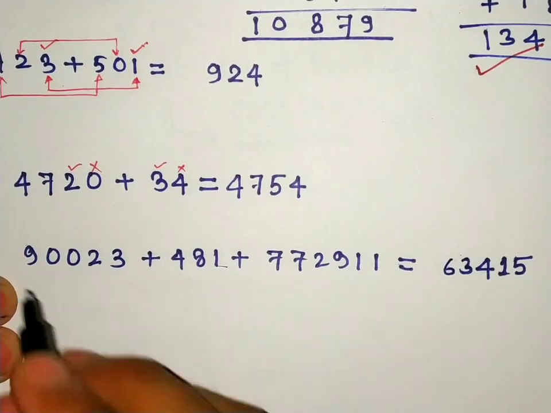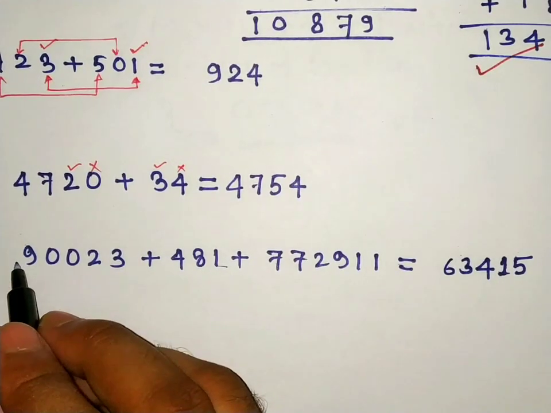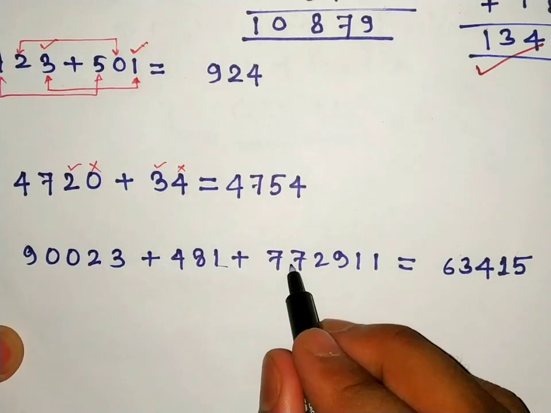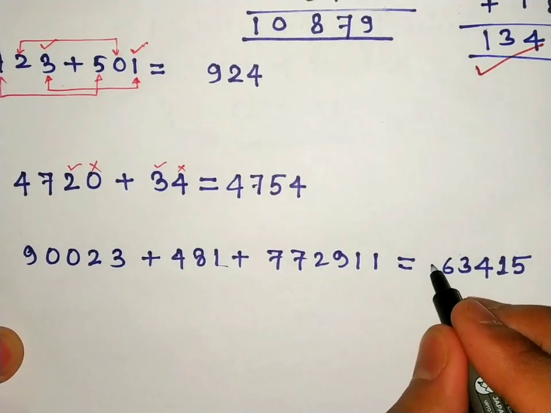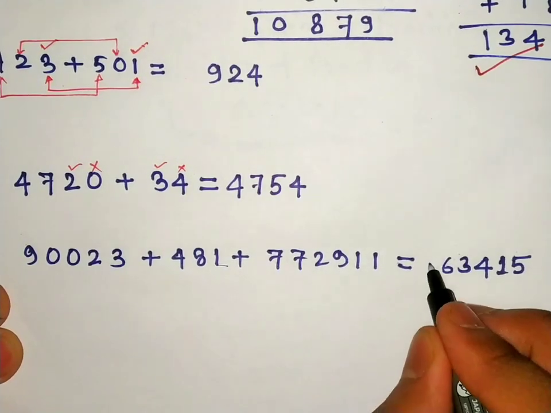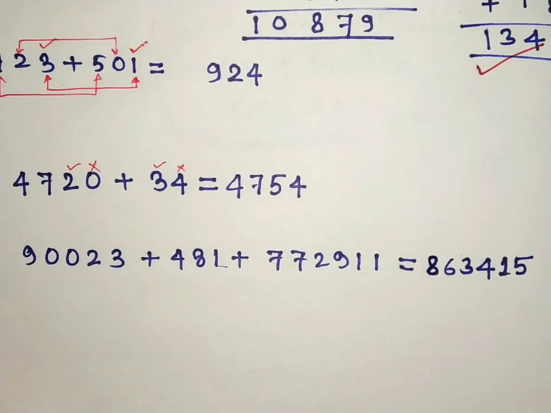Keep in mind 1 carry. There is no sixth digit in the first two, but here is a sixth digit, 7, and 1 was carry. 7 plus 1 carry is 8. Simple addition. Okay, is it easy? Exactly, it is easy. So don't make a mistake.